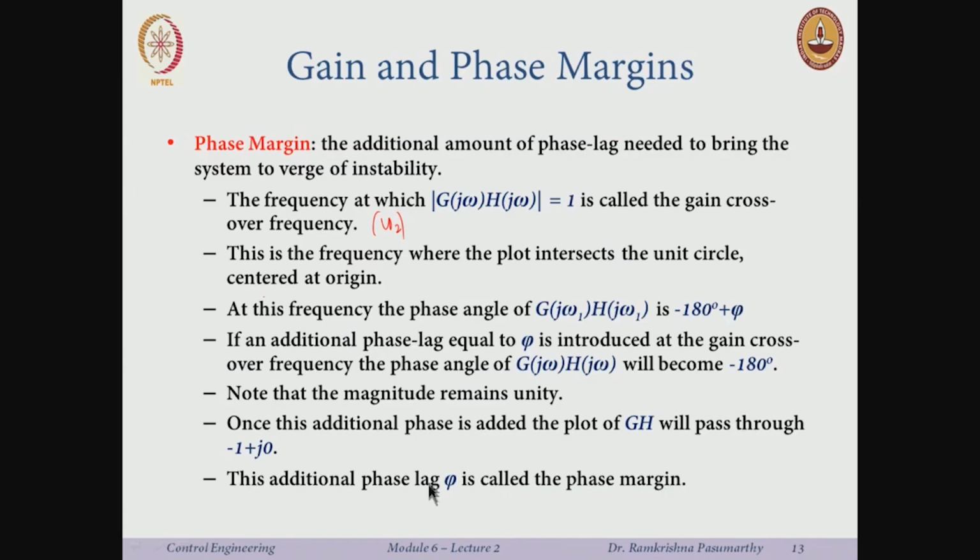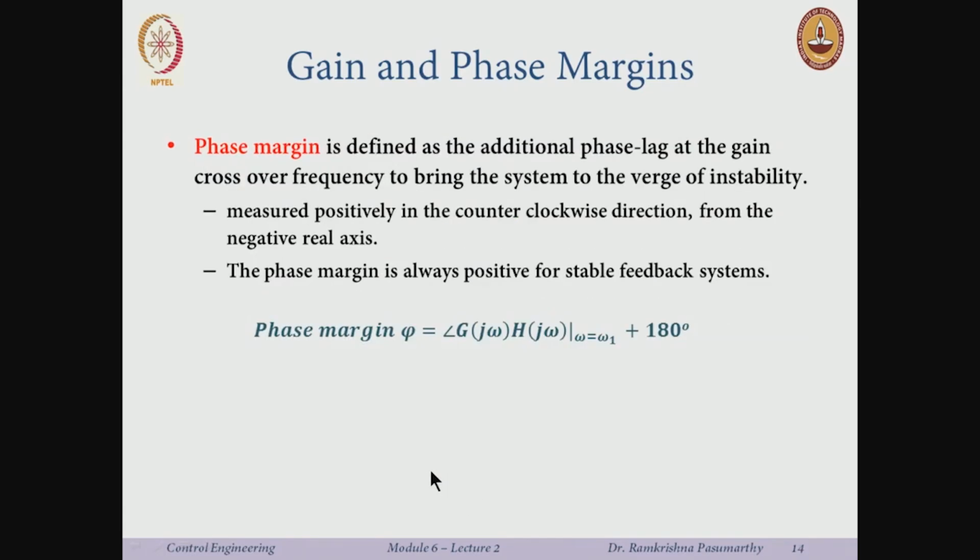Now how do I compute this phi? Well, a formal definition is the phase margin is defined as the additional phase lag at the gain crossover frequency. And this is the frequency omega 1 where the magnitude of G times H becomes 1.